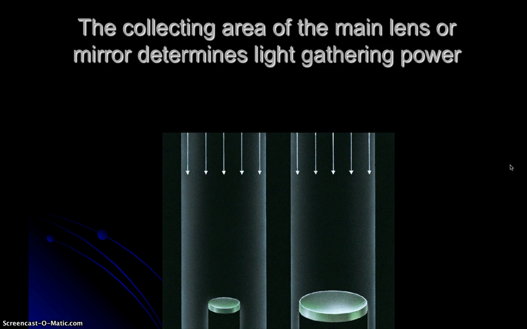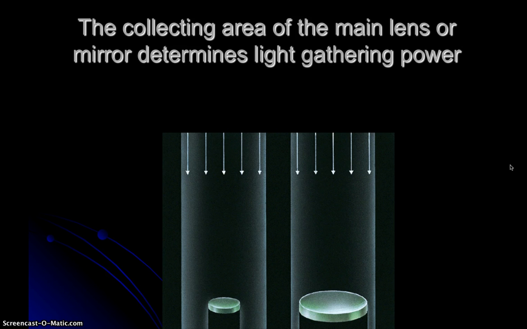So the main part of a telescope, whether it be a lens or a mirror, is going to determine how much light it can collect. And as you see in these two pictures here, you can see obviously why bigger is better. The larger lens here is able to collect more light, therefore we're going to be able to see more with it.